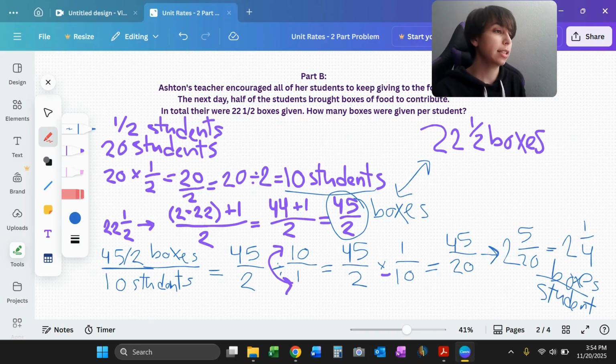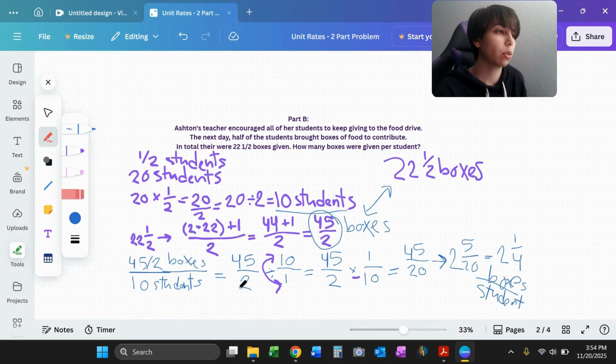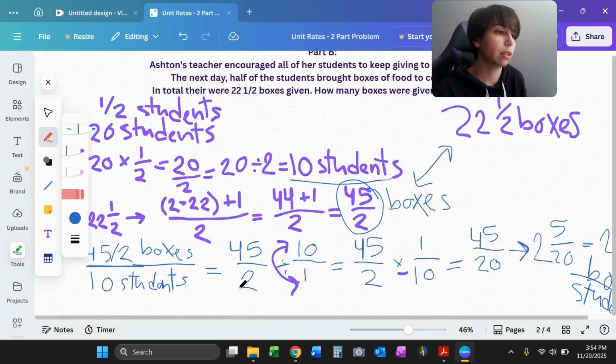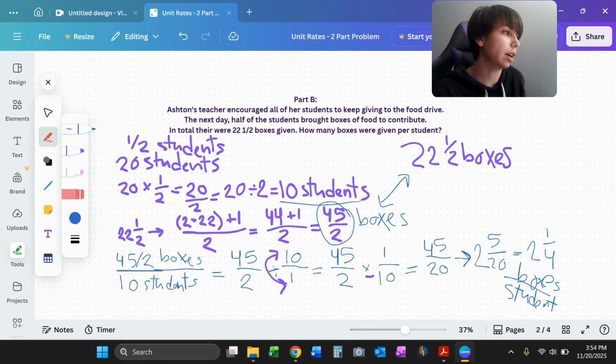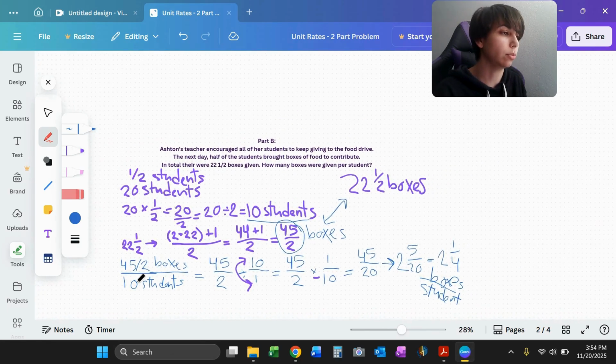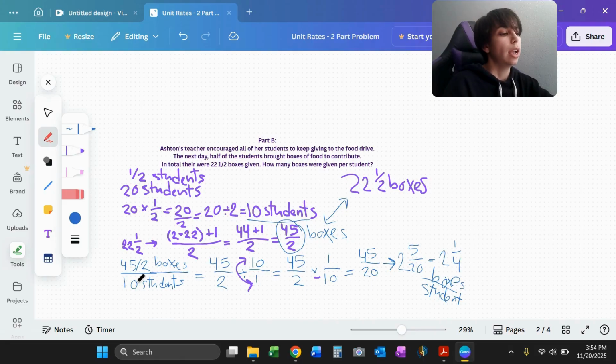Now, if we get to this point and we're like, did I do the math right? That was so much math, and I'm just not sure, then we can try to use Canva to figure out how to scroll down, which I guess we can't scroll down, but we'll just zoom out a little for some more space. And we're going to double check this.